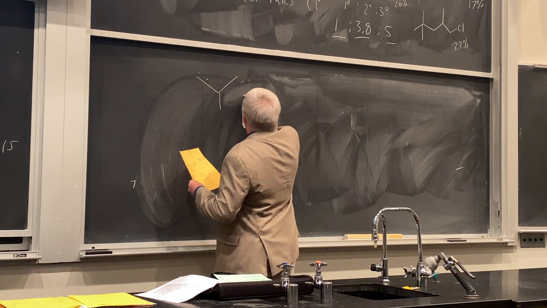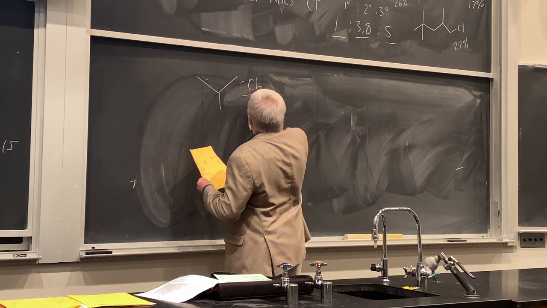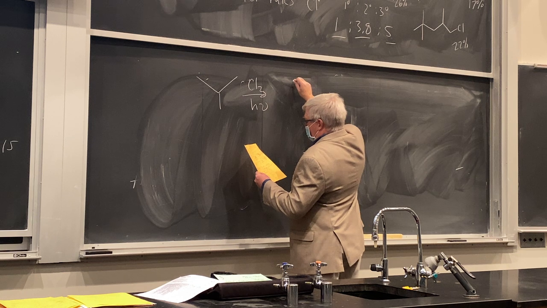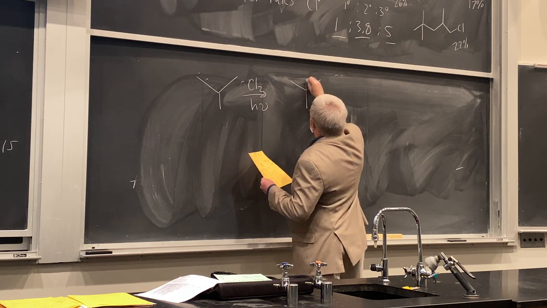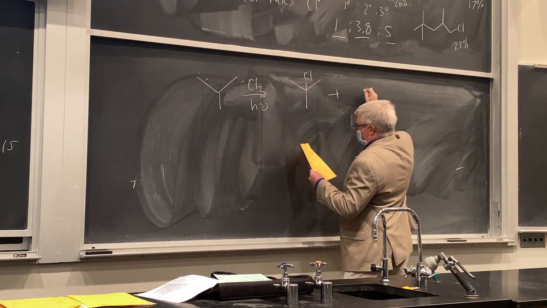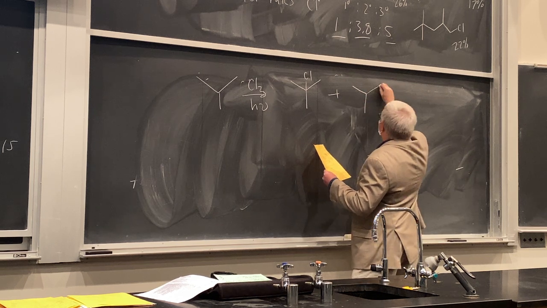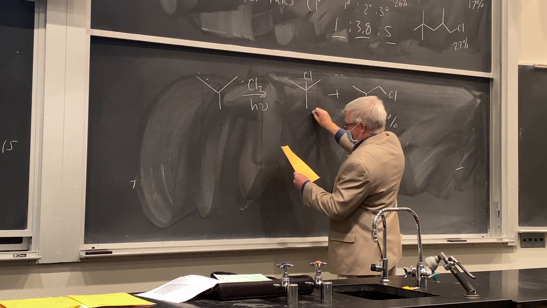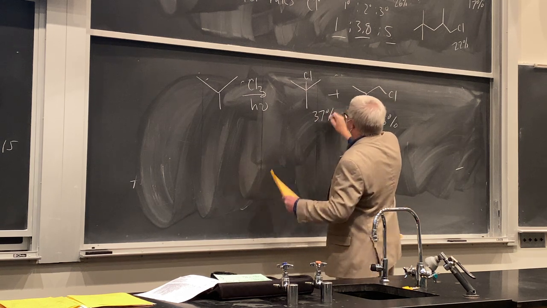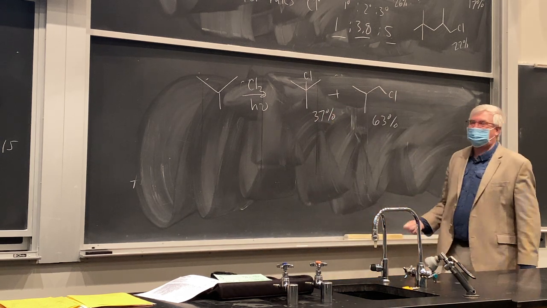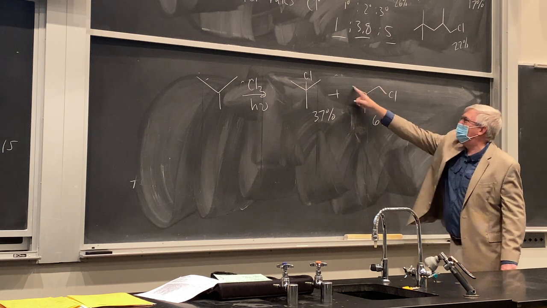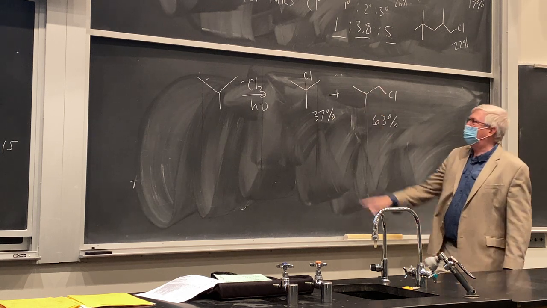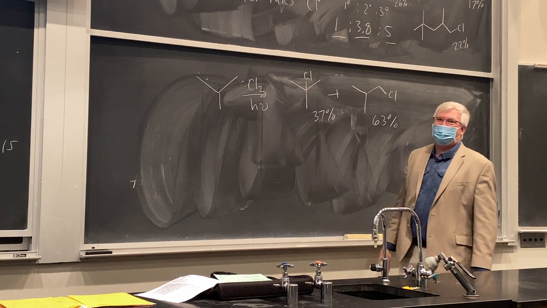So let's pick an example here and compare chlorination and what are we going to get? Tertiary to primary. And look at this, it's 63% primary, 37% tertiary. And there's your statistical thing. There's just a lot more primary positions relative to the one tertiary position.